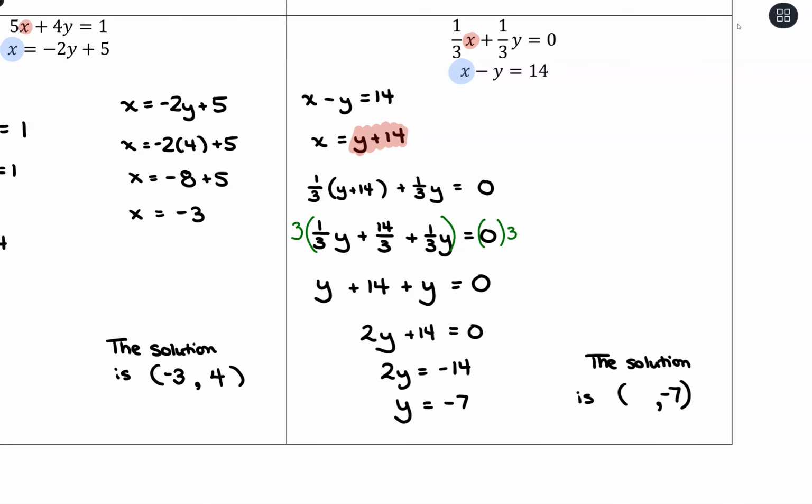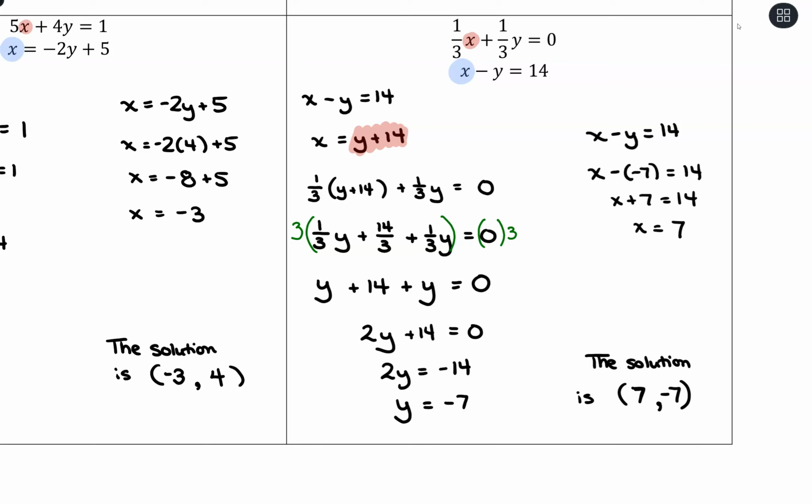And then to find x, I'm going to avoid that equation that has the fractions. I'm going to use that x minus y equals 14 and plug in y equals -7. So x minus -7 equals 14. So x plus 7 is 14, which means subtracting 7 from both sides, x is +7.